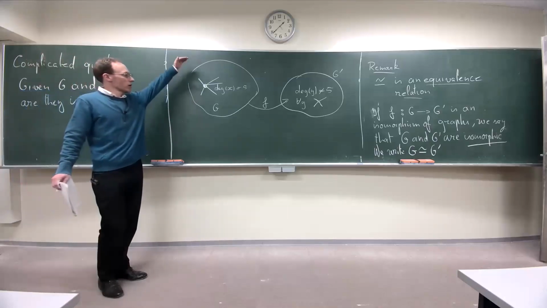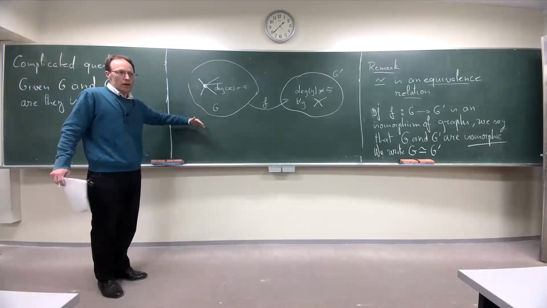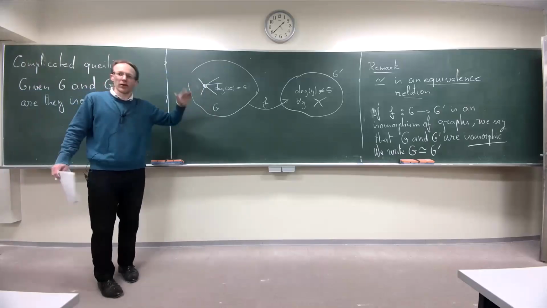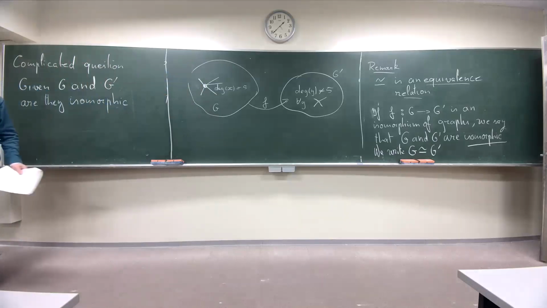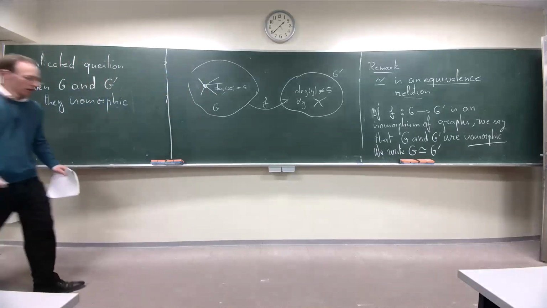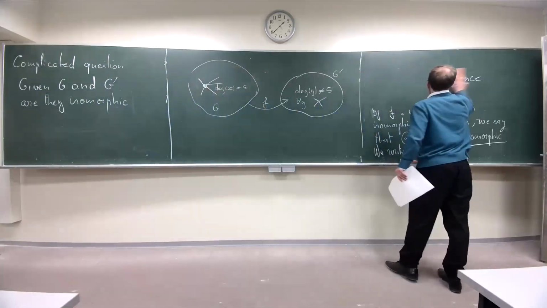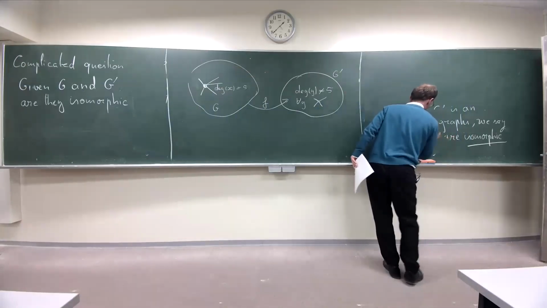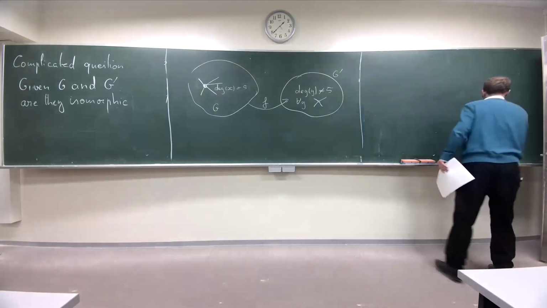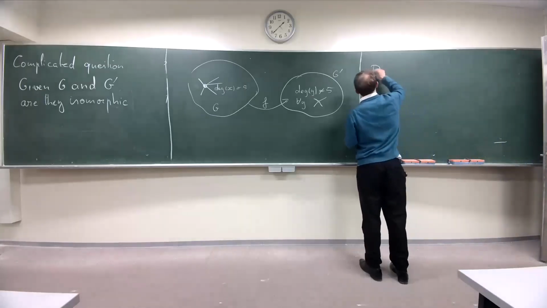So we want to have a list of criteria which says, if these criteria are not satisfied, then there is no chance that you can have an isomorphism. This is called a graph invariant. You can imagine many graph invariants. So, definition.